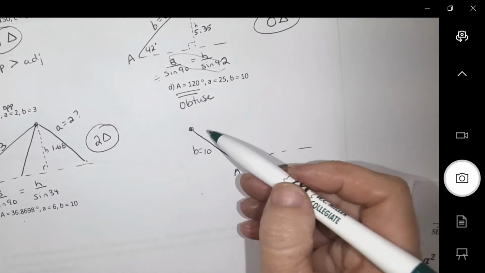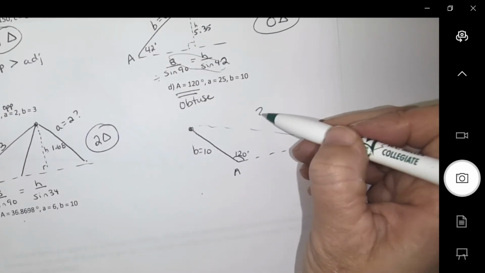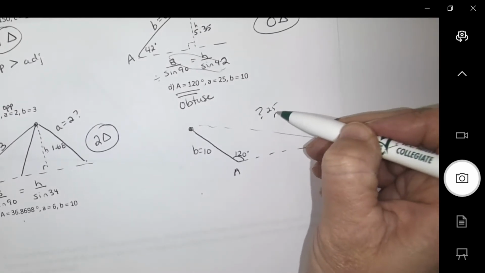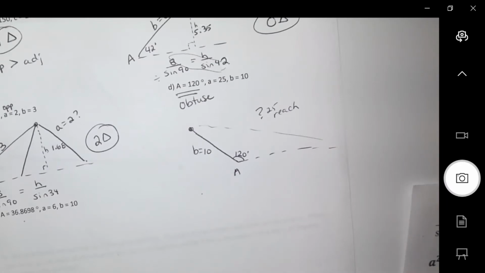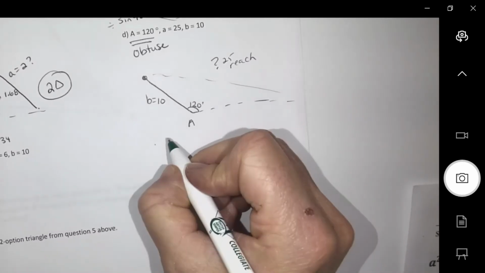All I want to know is, will 25 reach? Will it reach? Okay, so I'm going to just do the sine law, and if it would give me an error, it's telling me that 25 is not going to reach it.